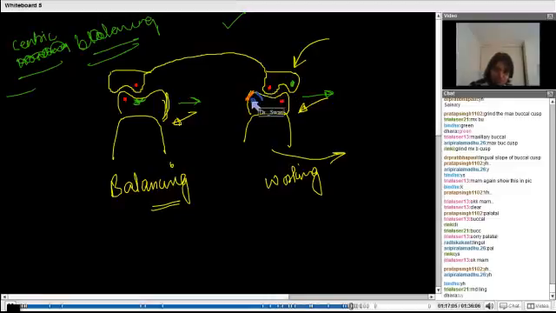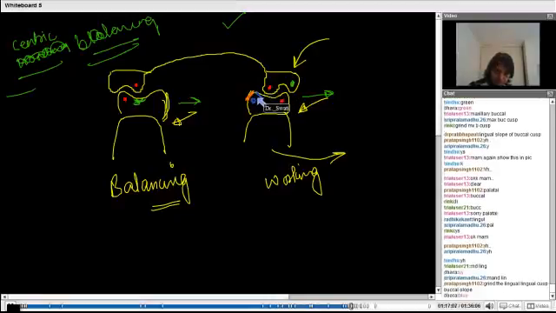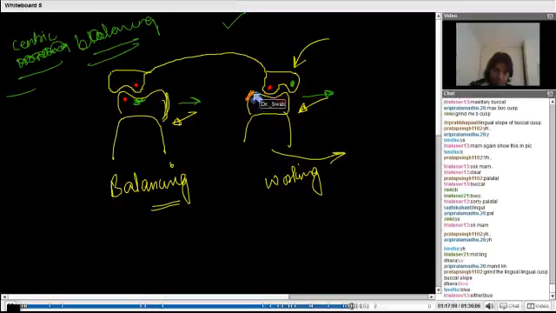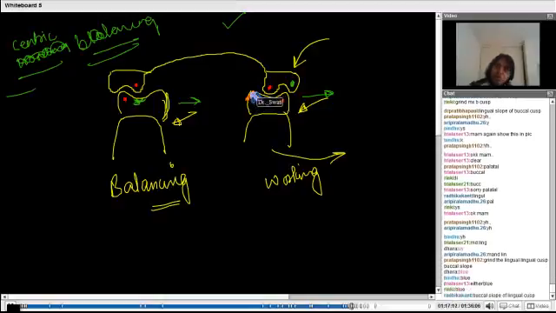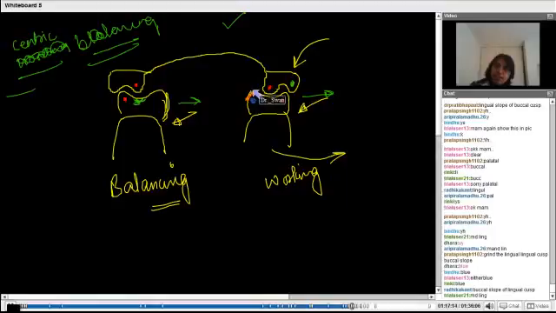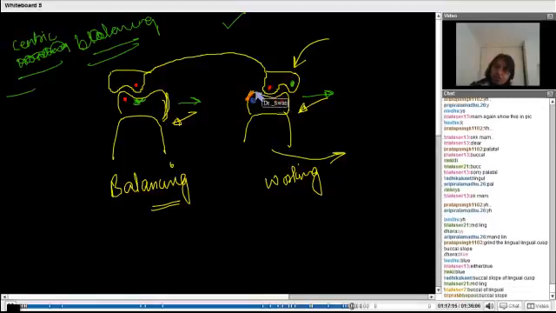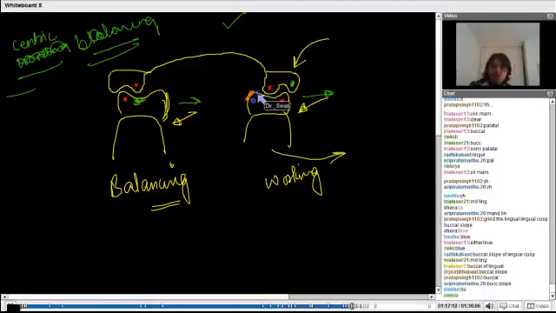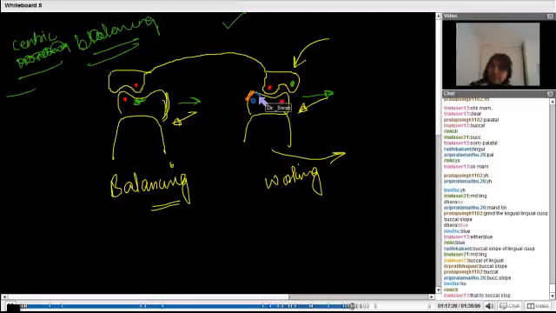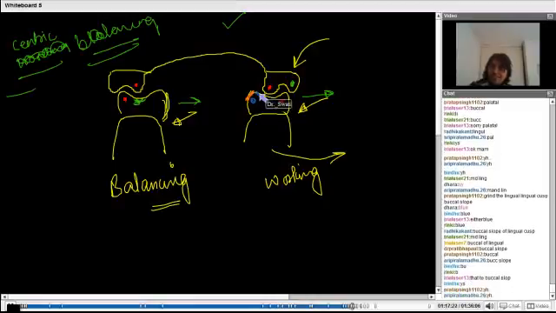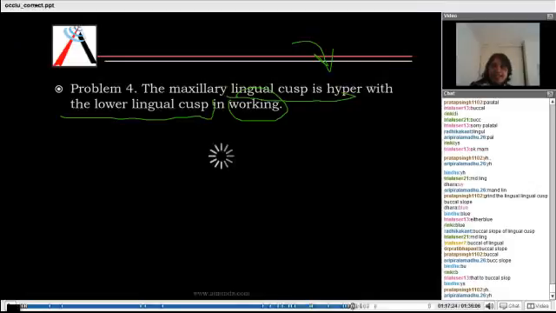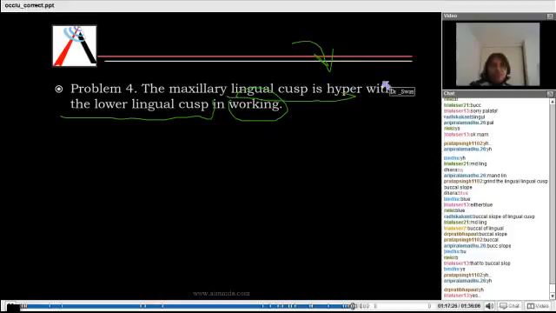Which one do we grind? Yes, the lingual cusp of the mandible, and which slope? The buccal slope. So this is very straightforward. Clear? Yeah.